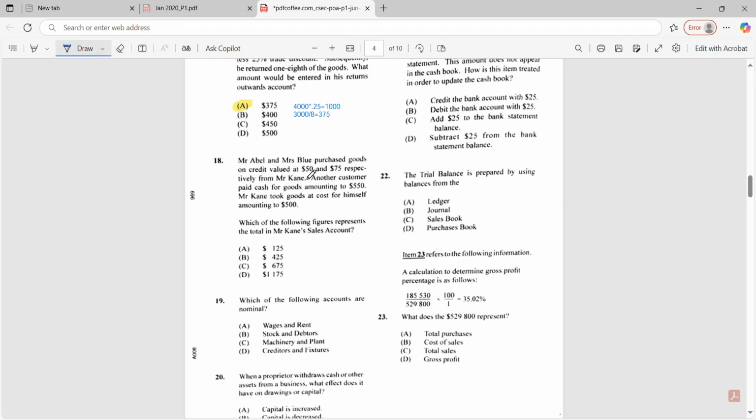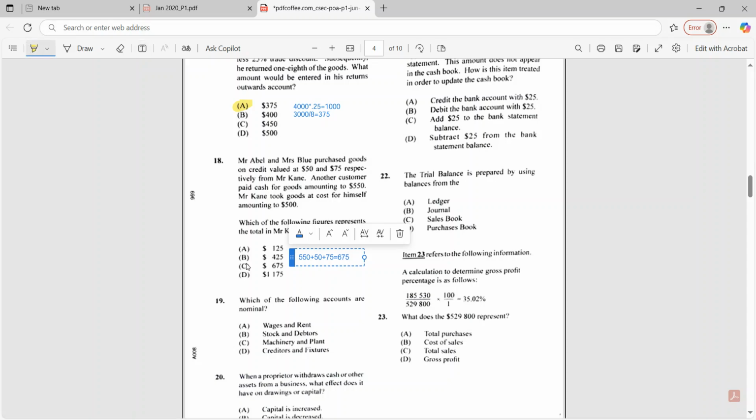Now we know that the goods that he took for himself would not be considered sales. Those are drawings. So we're going to add up everything else other than that figure. So we're going to get 550 plus 50 plus 75. And how much would that give you? 675. So therefore our answer is C.